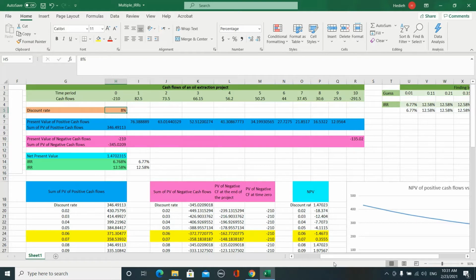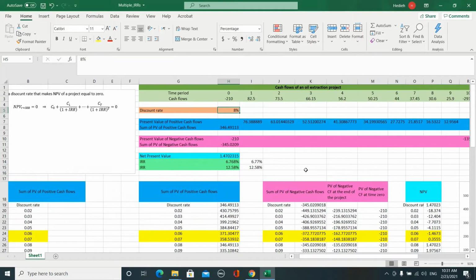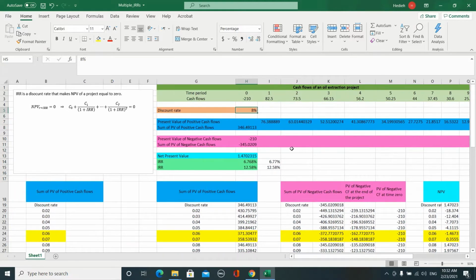Okay, now I want to explain why we observe two internal rates of return for one project, for one stream of cash flows. So let's do that. In order to do that, I calculate two parts of my net present value. Net present value of a project, as I told you, is the sum of the present value of positive cash flows and present value of negative cash flows.